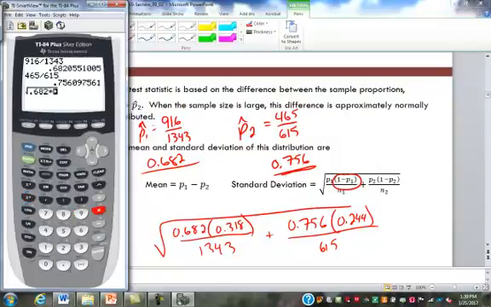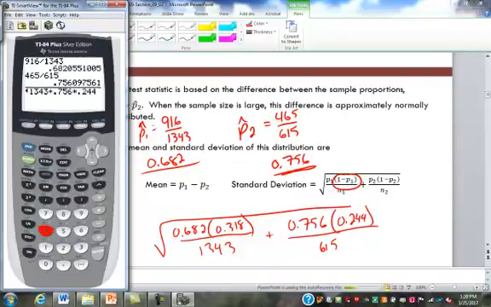0.682 times 0.318 divided by 1343 plus, notice I don't need any parentheses within my square root there because the order of operations will actually do these correctly on its own. 0.756 times 0.244. The only way you'd need parentheses in here is if you left that as 1 minus, instead of, I calculated in my head the 0.244.